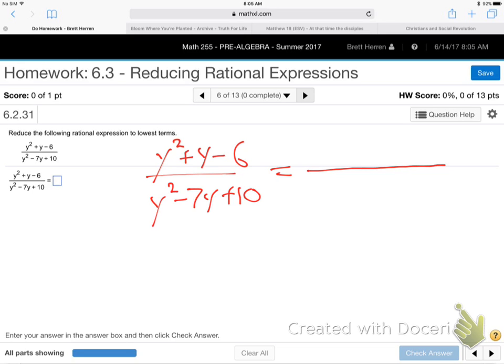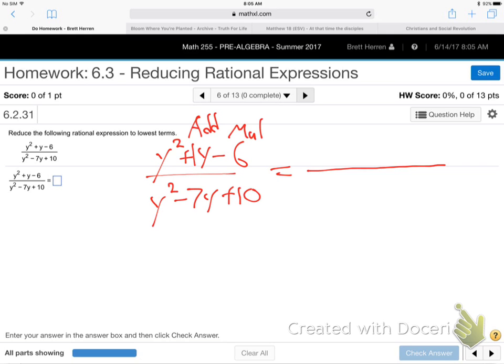So try that one. Factor the top and the bottom. Yeah, you gonna try that one? All right, how we doing there? Multiply, add, what's in the middle is a +1.